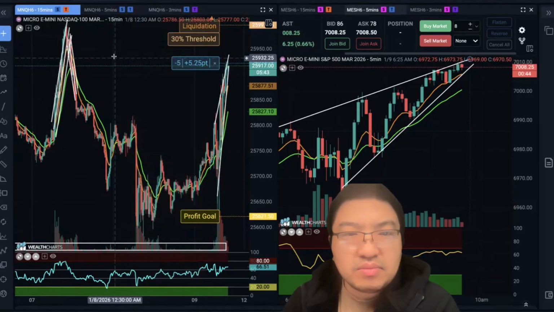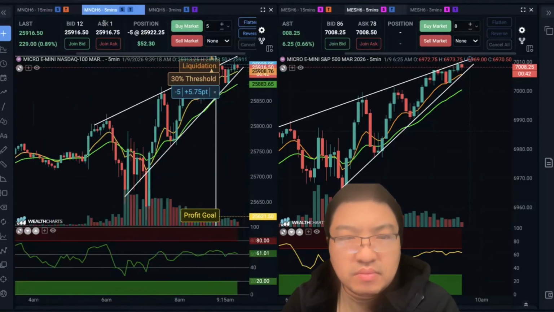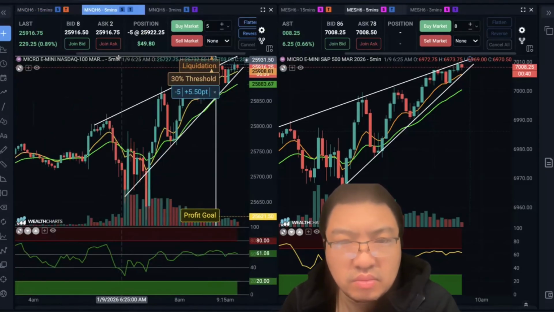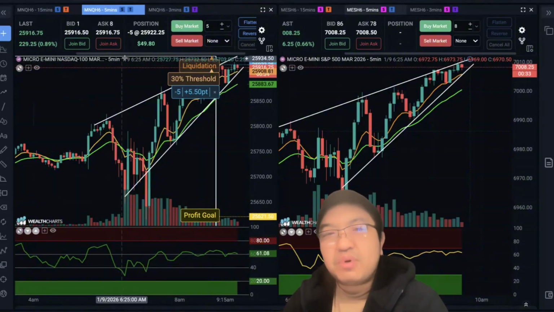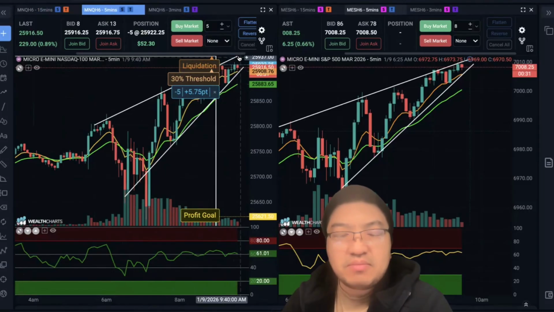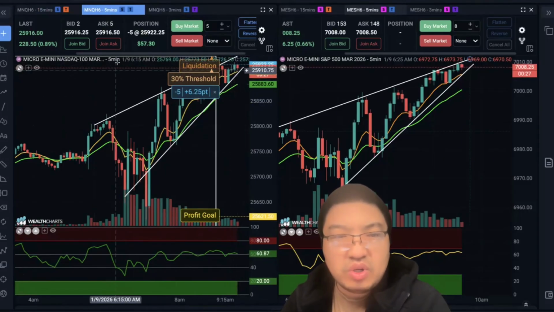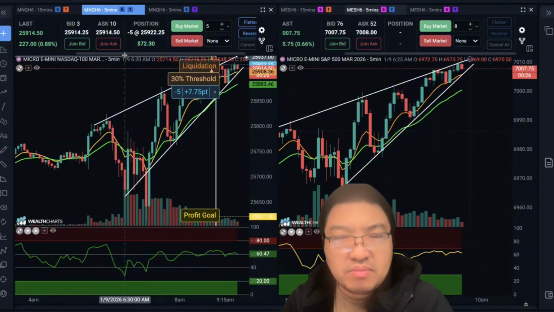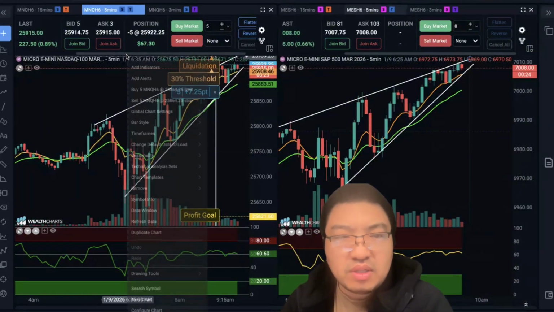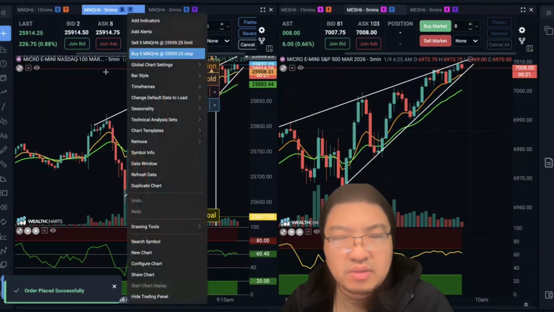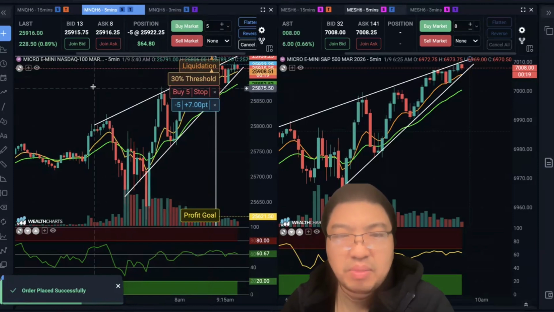The hypothesis is that the upper bound is the last high, but it's not easy to draw. Oh, I can draw here. Fine. Yeah, this is my stop loss.